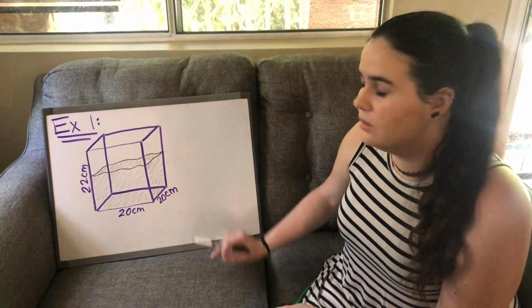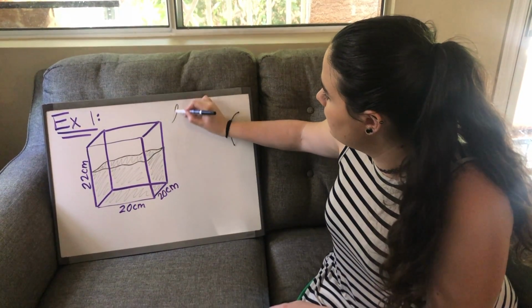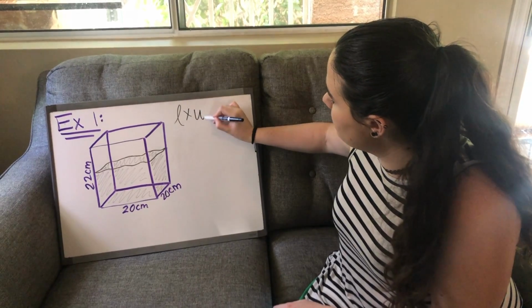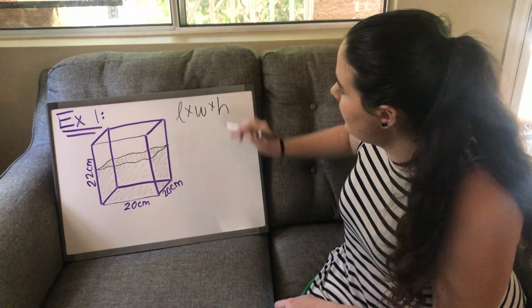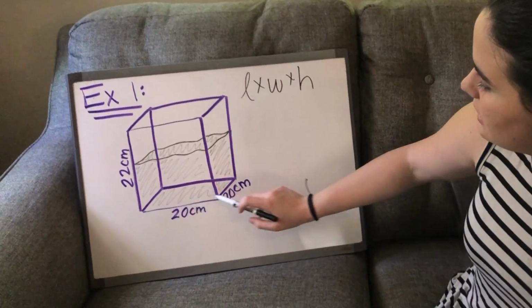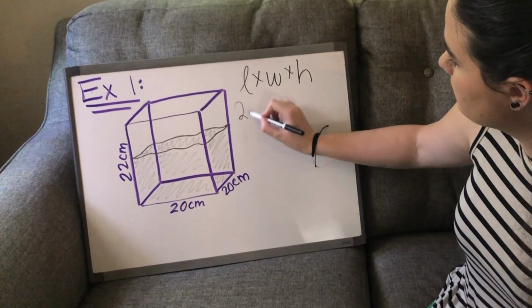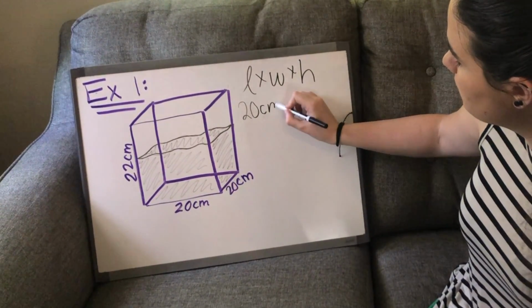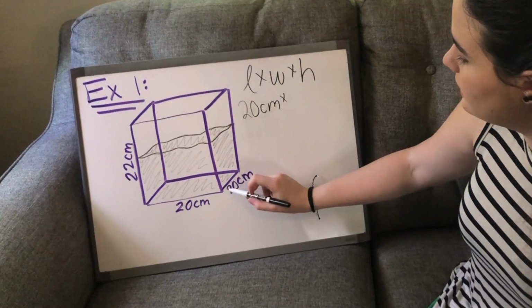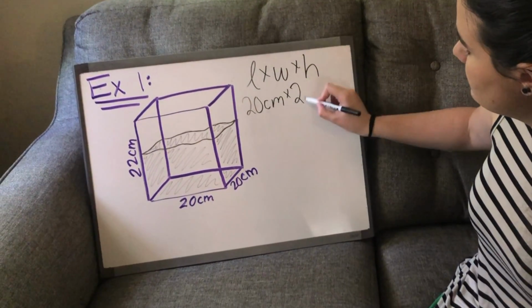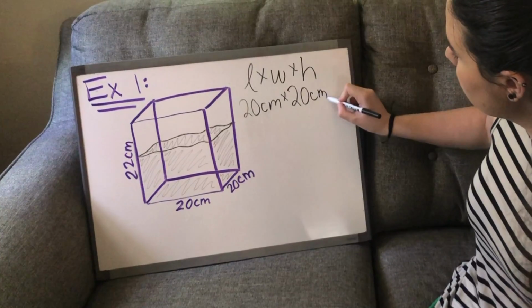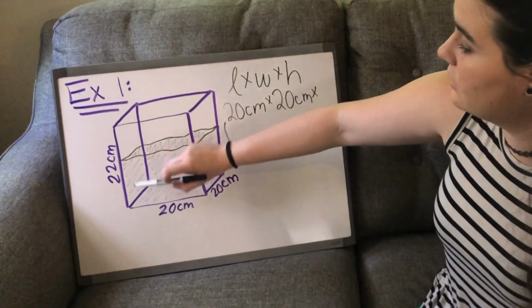So to find volume, we are going to use the formula length times width times height. Our length is 20 centimeters times our width, which is also 20 centimeters, times our height.